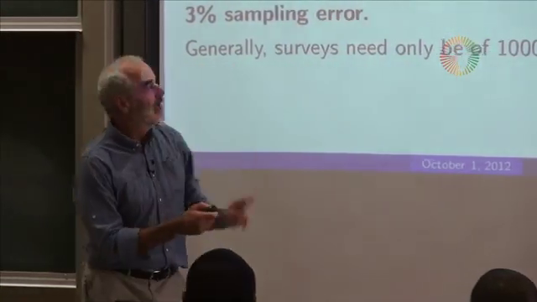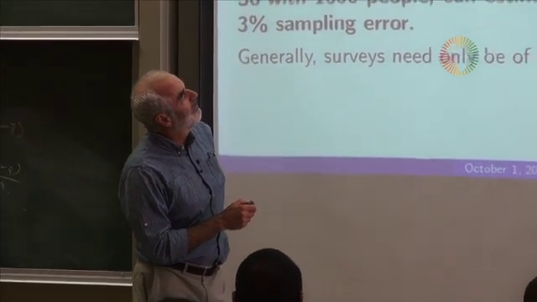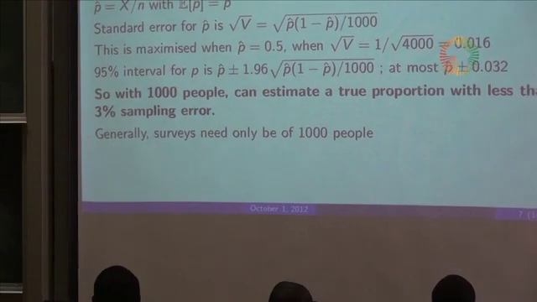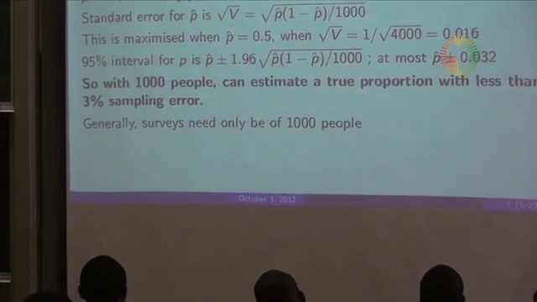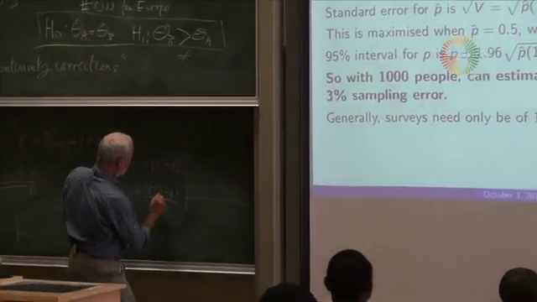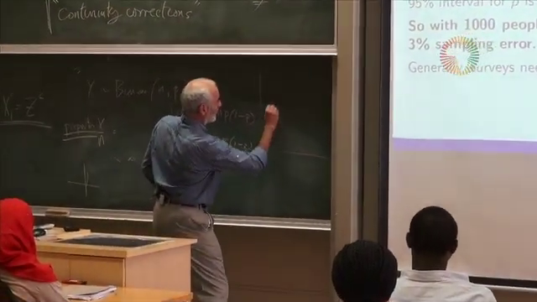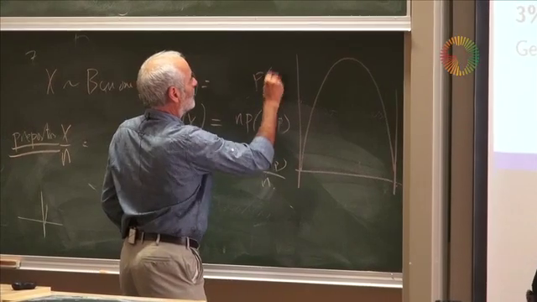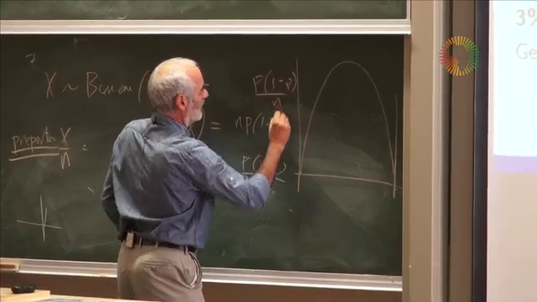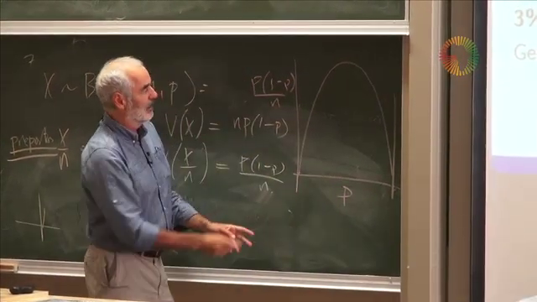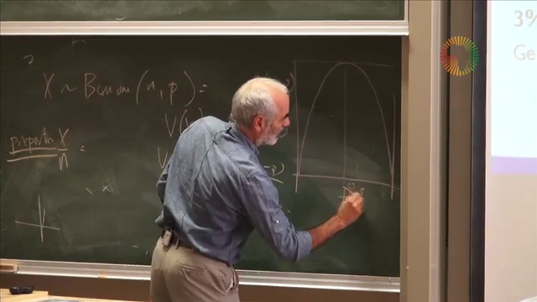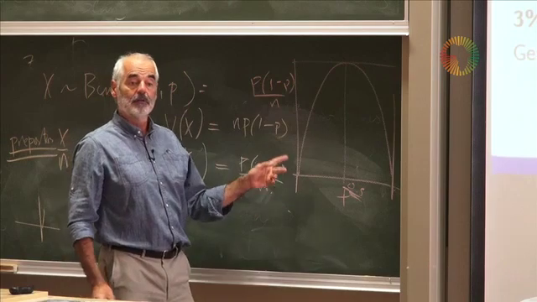Now, the neat trick is to realize that this is a maximum when p is a half. If we draw this, p times 1 minus p over n against p, it goes like that. The variance is biggest at a half.